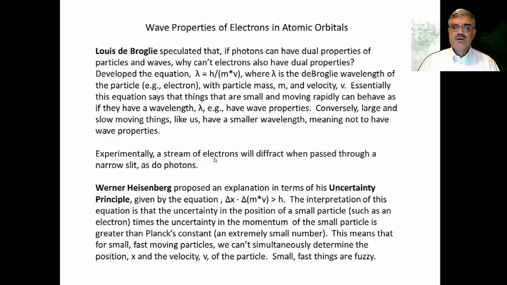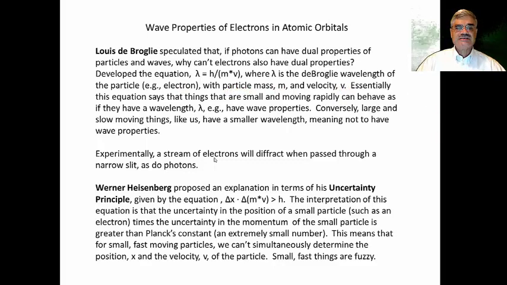And so he developed an equation called the de Broglie equation, or the de Broglie wavelength, which is given here, which says that small things that move very rapidly can act as if they have a wavelength equal to Planck's constant divided by their momentum, mass times velocity, where lambda is the de Broglie wavelength for a particle like an electron, with mass m and velocity v.